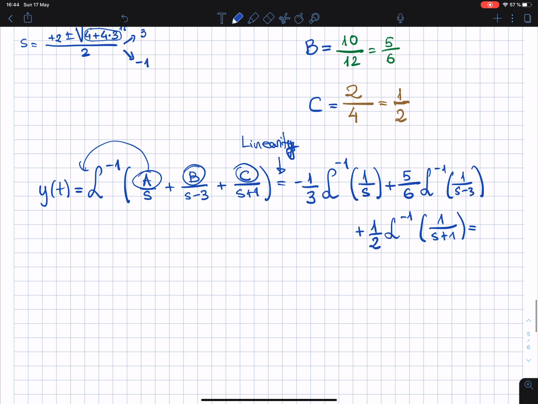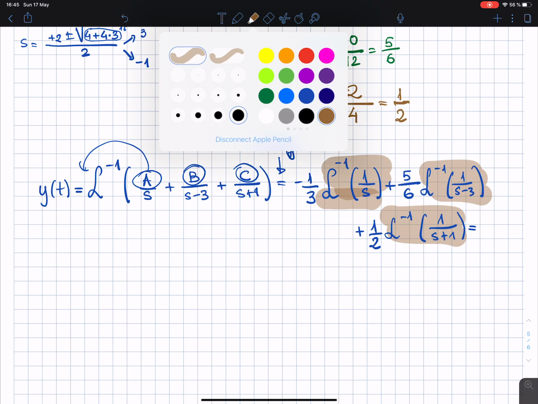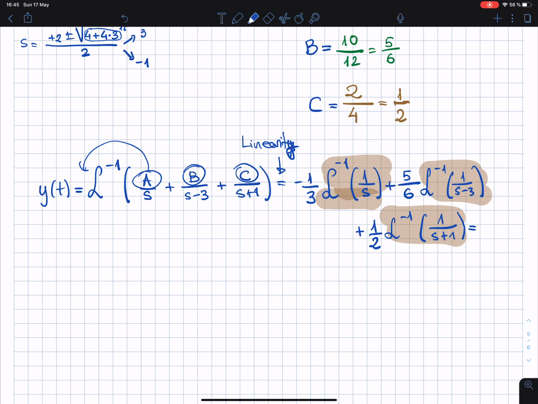Now, all the functions that appear here are given in the Laplace table. So we know the inverse Laplace transform of 1 over s, we know the inverse Laplace transform of 1 over s minus 3. All these inverse Laplace transforms are given in the table of Laplace transforms. So this is straightforward.